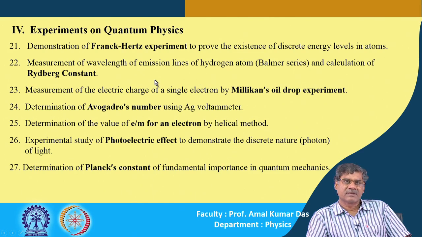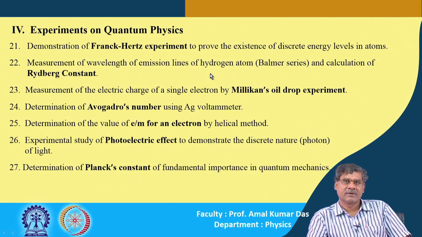You know this Rydberg constant is used in the explanation of atomic spectra. Basically, it started from the Balmer series. So, we will demonstrate in the laboratory how to measure the wavelength of the hydrogen atom.